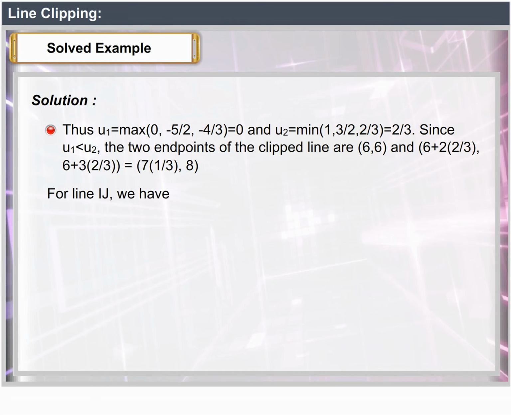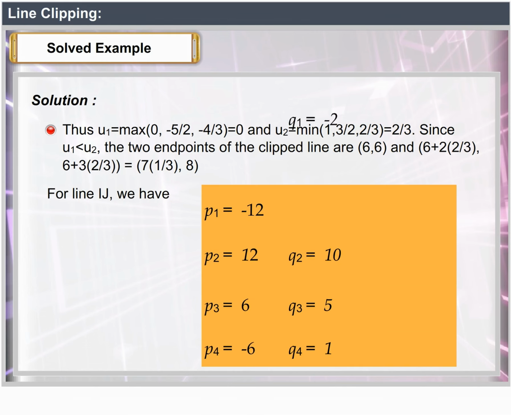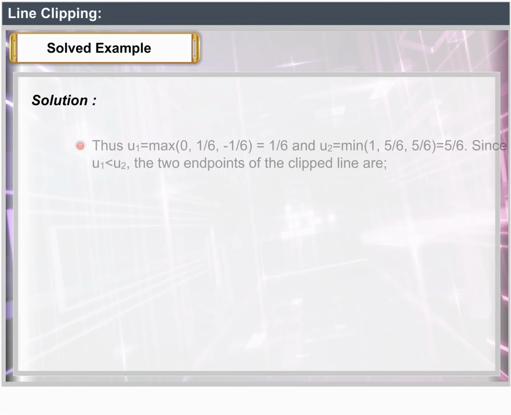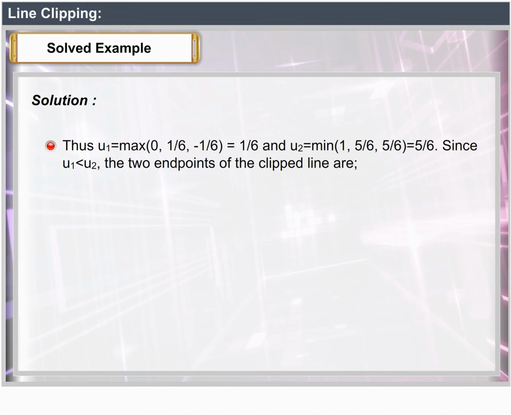For line IJ, we have the following parameters. Thus, U1 equals max of 0, 1/6, -1/6, which equals 1/6, and U2 is the minimum of 1, 5/6, 5/6, which equals 5/6.